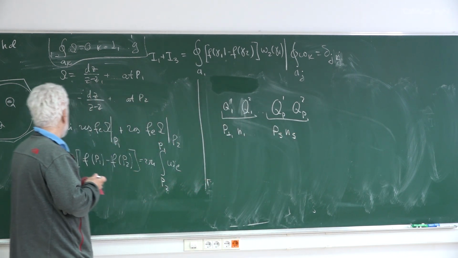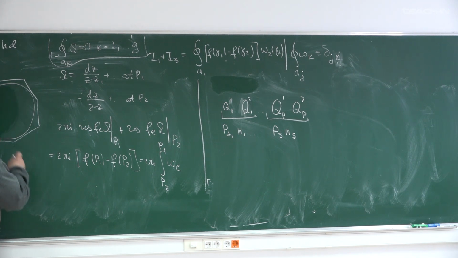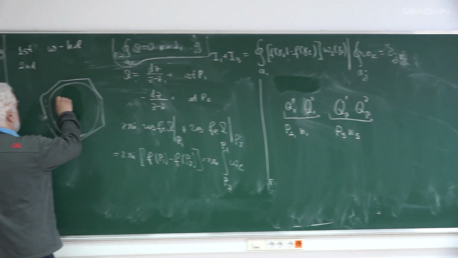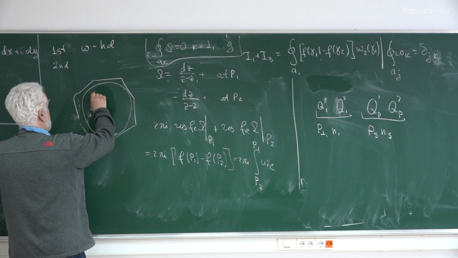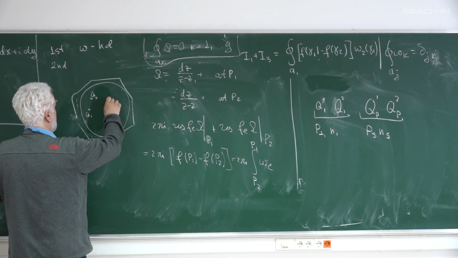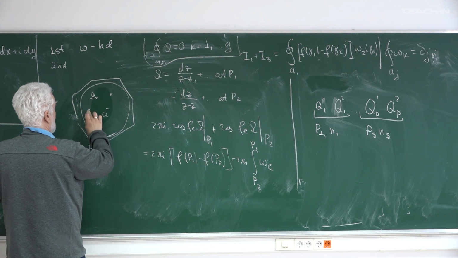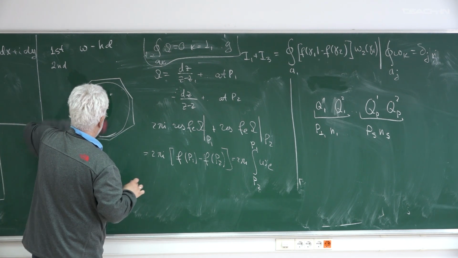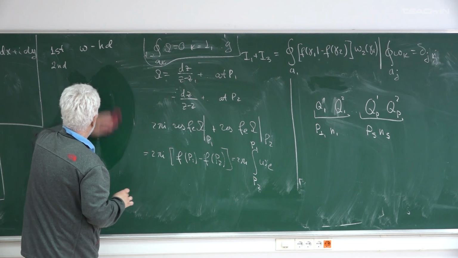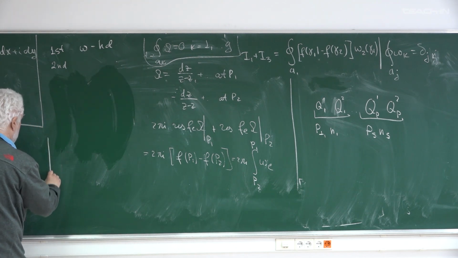So assume we have some collection of points Q1, Q2.